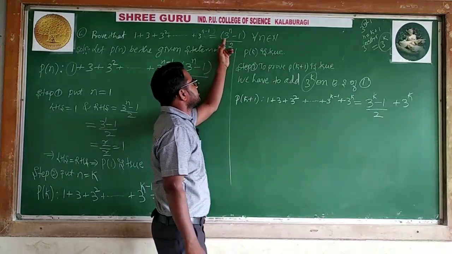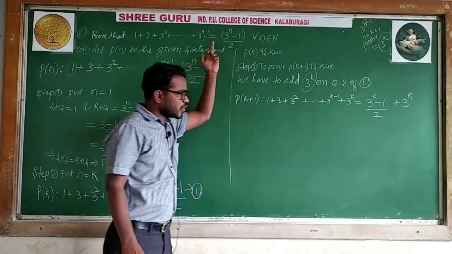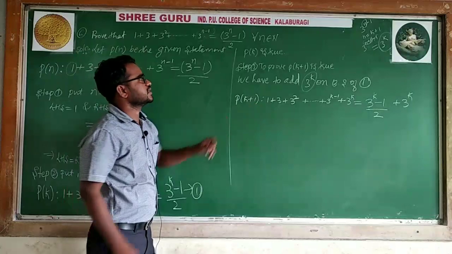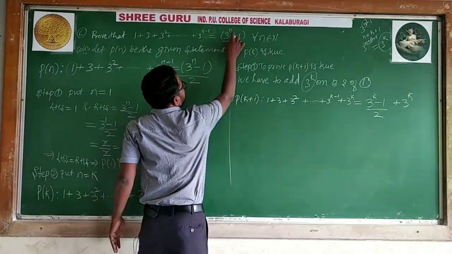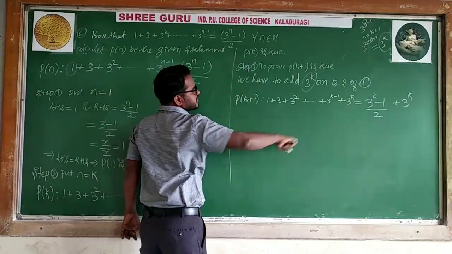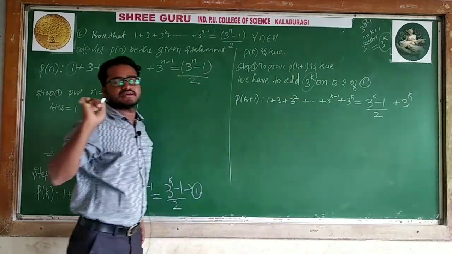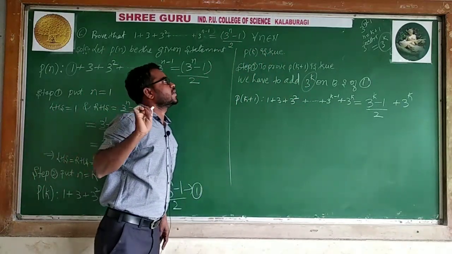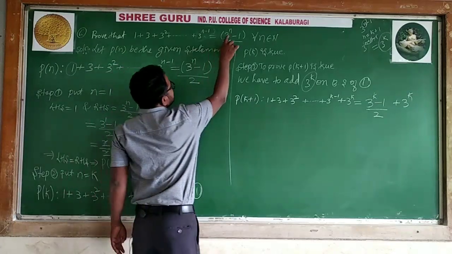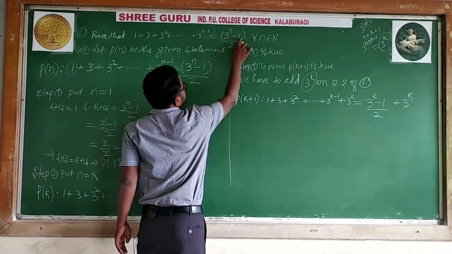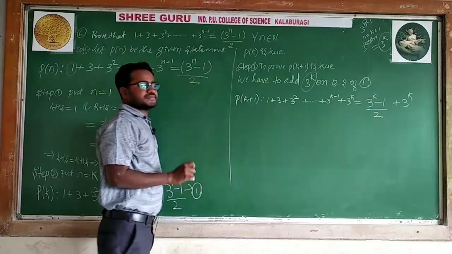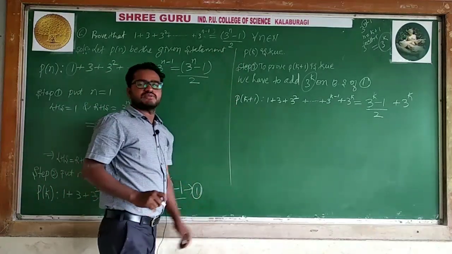N is replaced by k plus 1. The required term after simplifying is 3 to the power n, with n replaced by k plus 1. Means the required result is 3 to the power k plus 1 minus 1, divided by 2. That simplification will give us that result.